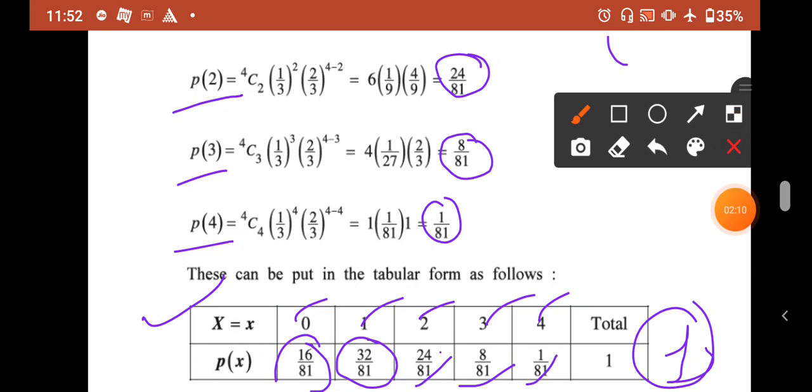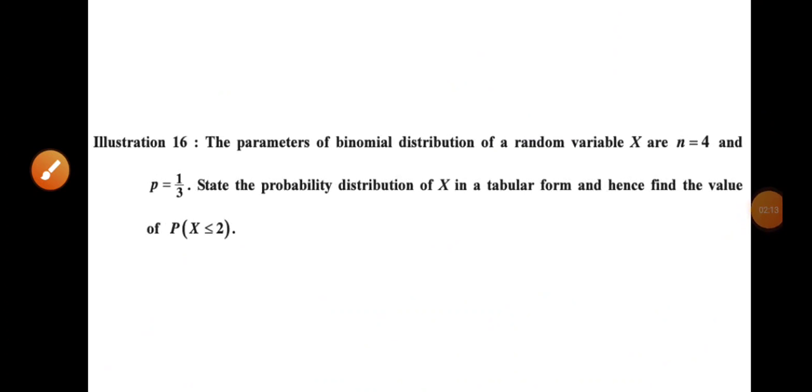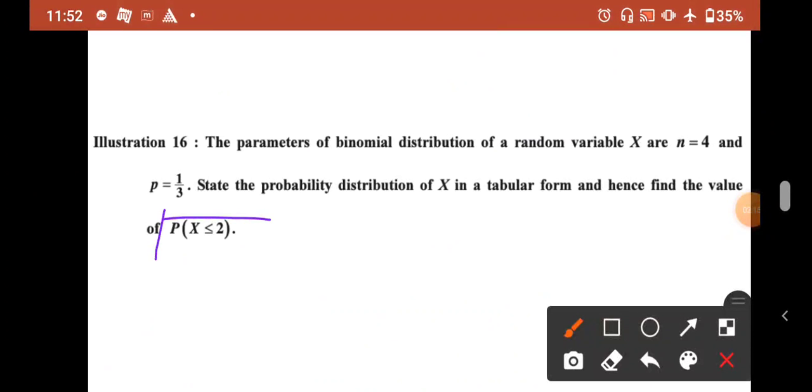Now what else is required? They have asked further to find p of x less than or equal to 2.